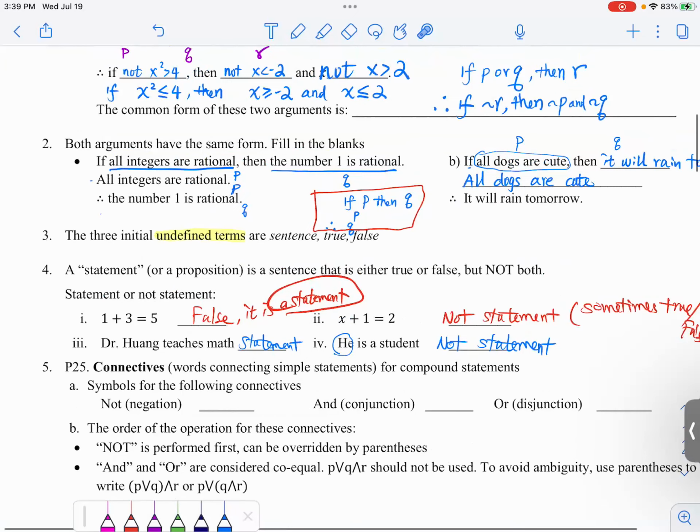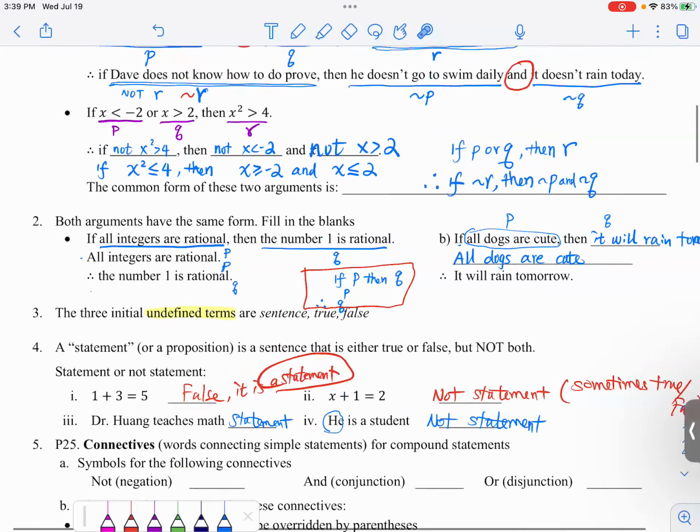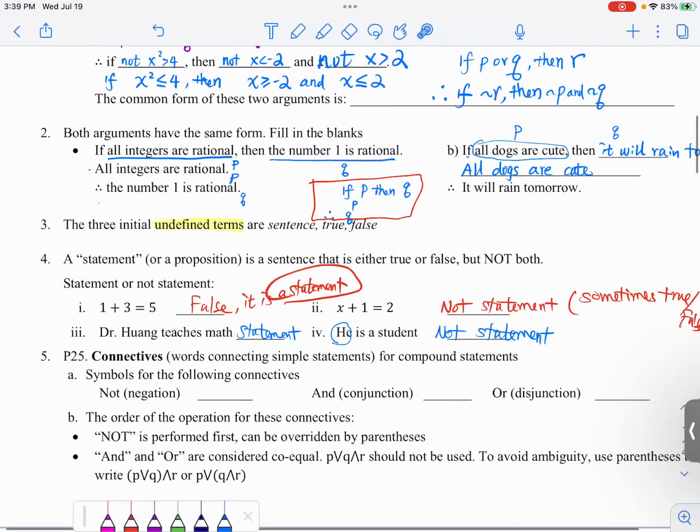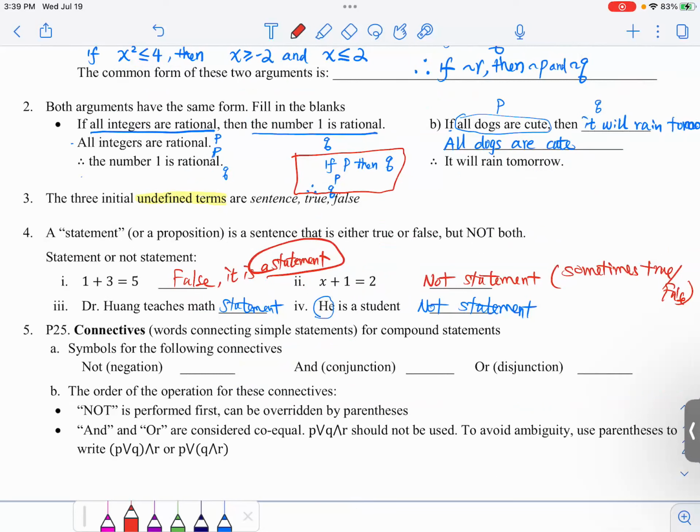This is called negation. It negates, it's the opposite. And the symbol we are going to use in our book is just this symbol. In many other computer science books and some other textbooks, sometimes they use this symbol as well. Just be aware that both could be used. But we're going to use the first one.